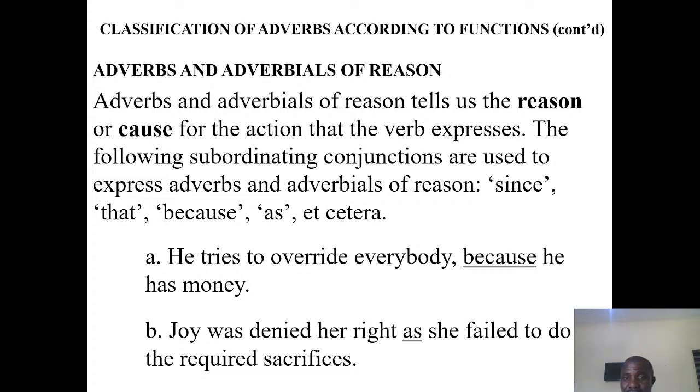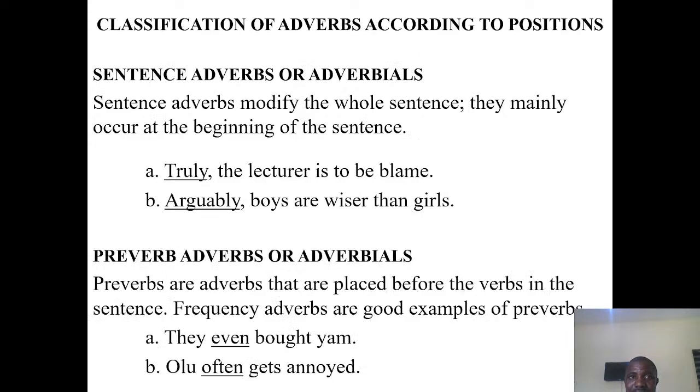Joy was denied her right as she failed to do the required sacrifice. The reason why she was denied her right was that she failed to do the required sacrifice. So the word as is an adverb that shows the reason why her right was denied.